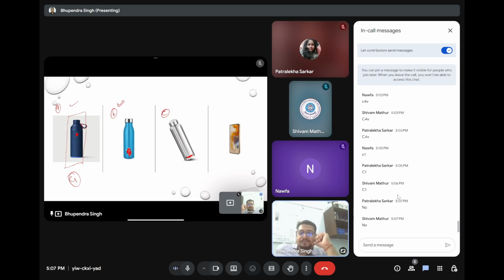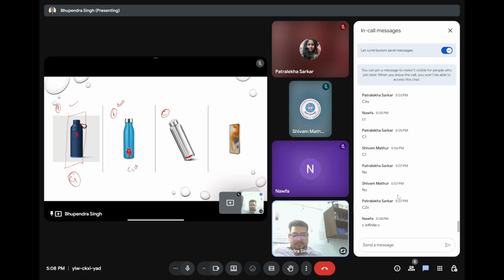Find the point group of bottle B. Patlekha is saying C2V.